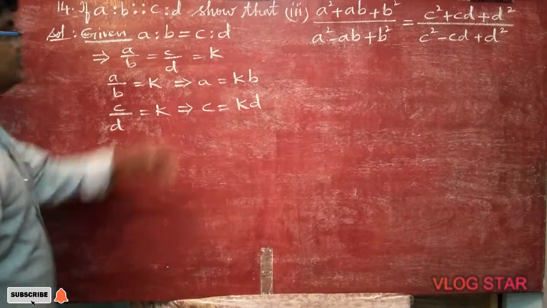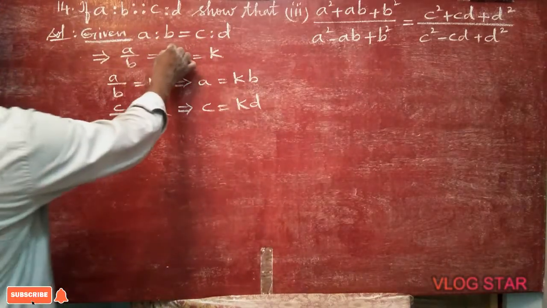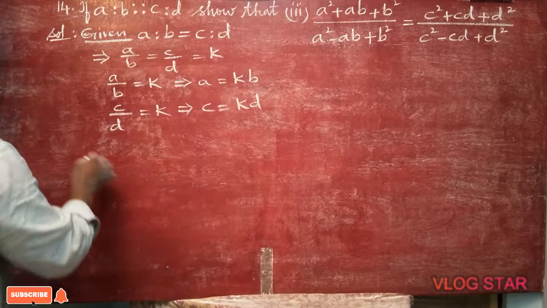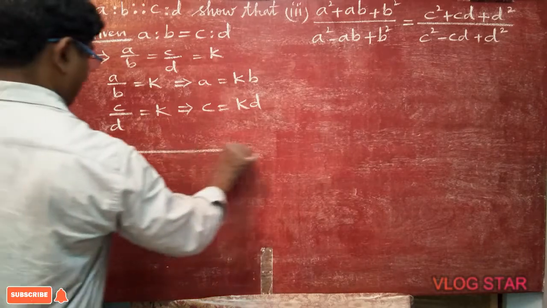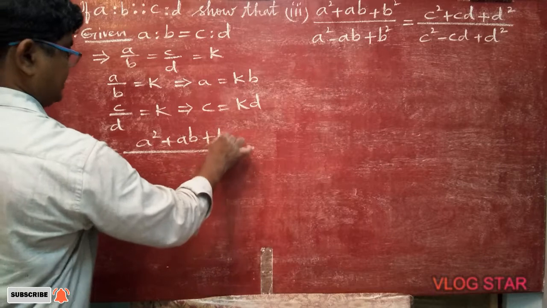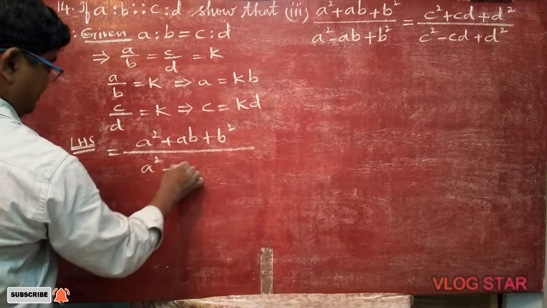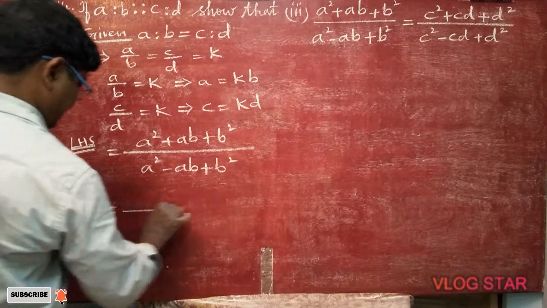Are you able to follow? This is the common K method. Proportion, ratio means a constant answer will come. Now, LHS. What is LHS? A square plus AB plus B square by A square minus AB plus B square. Now substitute those values.